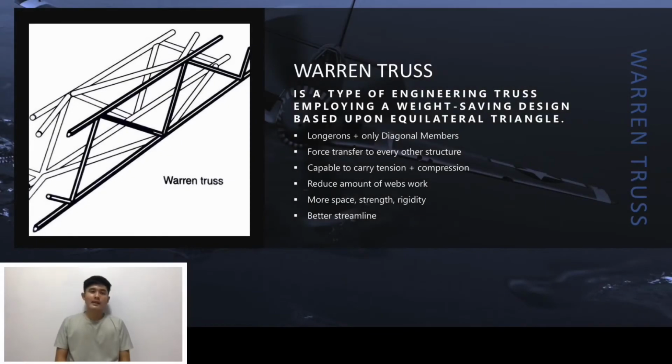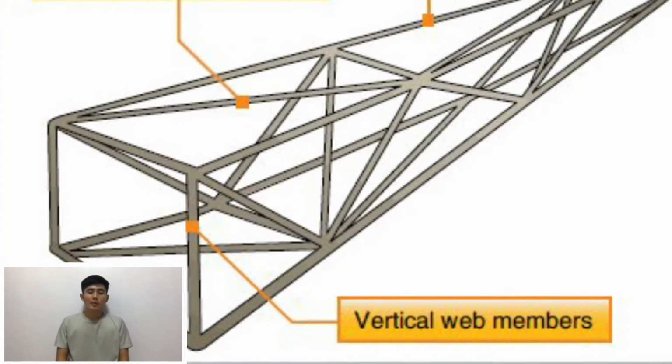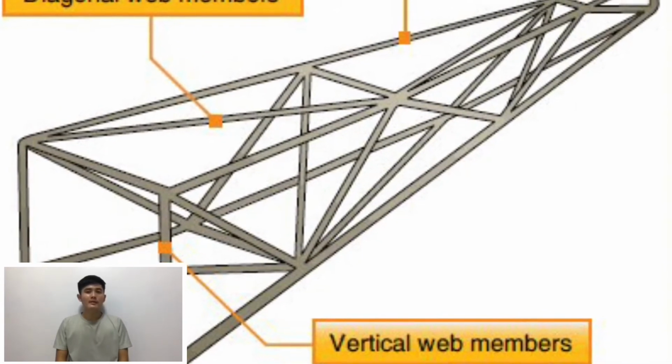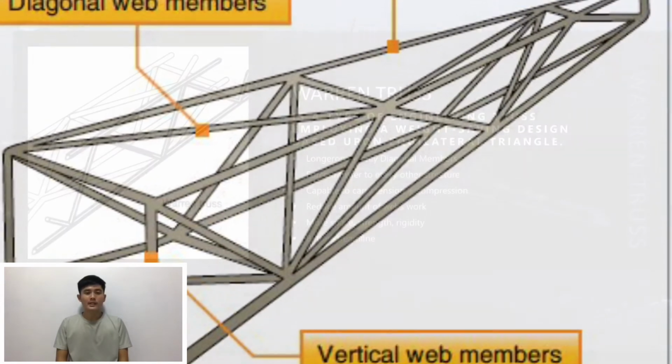Hello guys, I am Adrianne Pesayco and I am reporting about a type of fuselage which is called the Warren truss. So what is a Warren truss? A Warren truss is a type of engineering truss employing a weight-saving design based upon equilateral triangles.